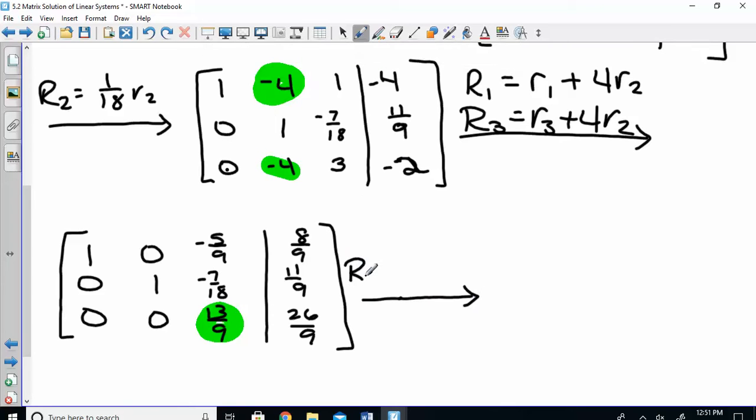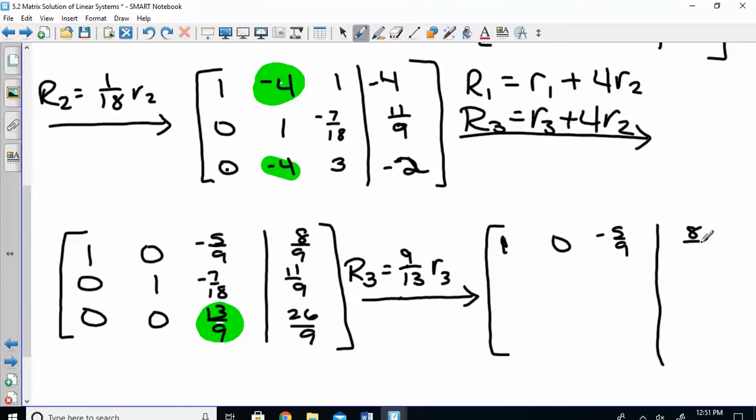I need to get a 1 here. So how would I change 13 over 9 into 1? 9 over 13 times row 3. I should probably point out, all the problems we've done have nice answers at the end, and I'm going to continue that.